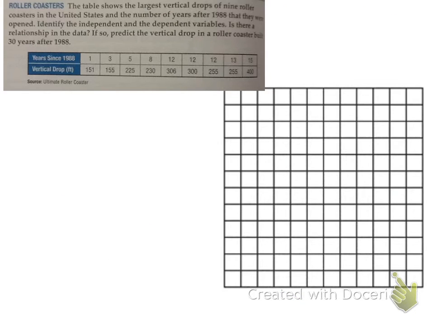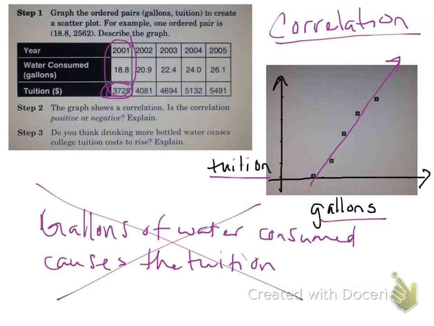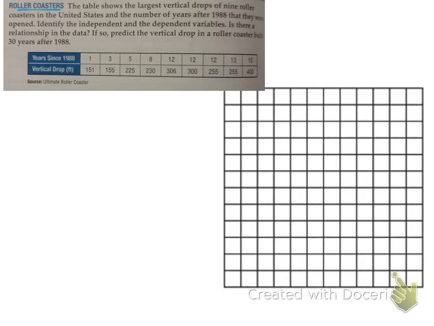All right. Do you guys remember how to make a scatter plot? The first thing you have to do is identify your x and your y variables. So here we've got this problem about roller coasters. Okay, the table shows the largest vertical drops in roller coasters in the United States and the number of years after 1988 that they were opened.